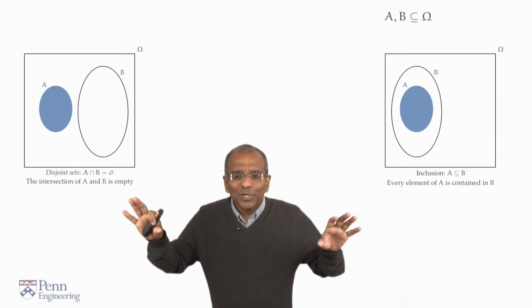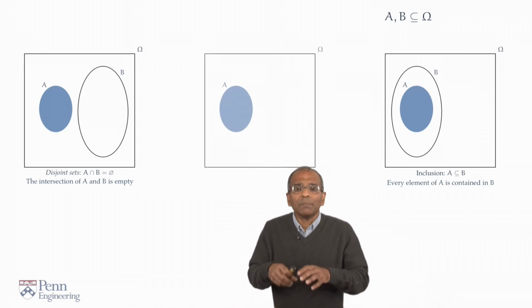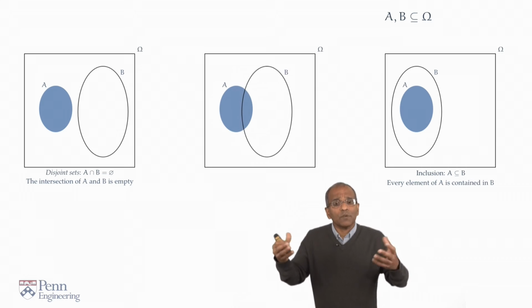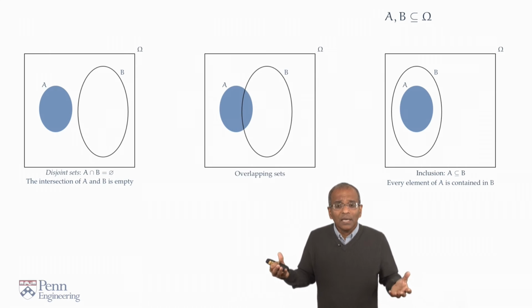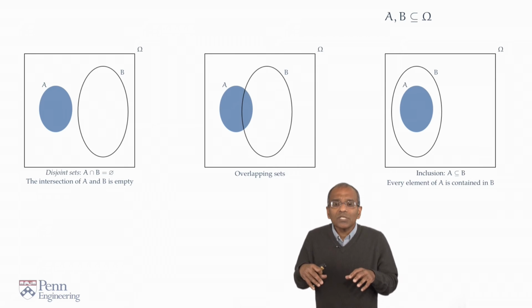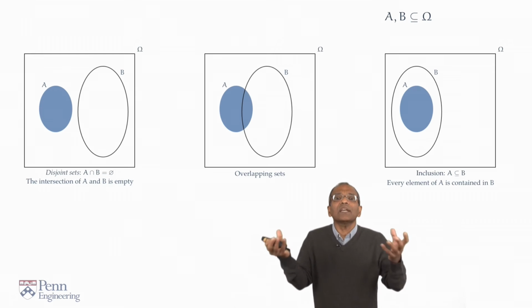Of course, these are not the only two possibilities. More typically, we'll get something like the picture in the middle of your screen, where you have two subsets of an abstract set omega, and they overlap. They are not mutually exclusive, they are not disjoint, nor is one completely contained in another.